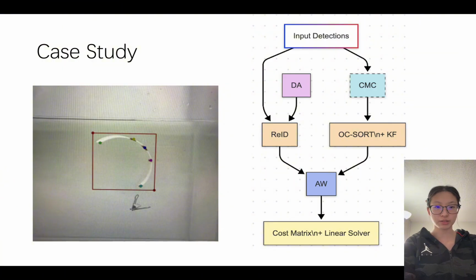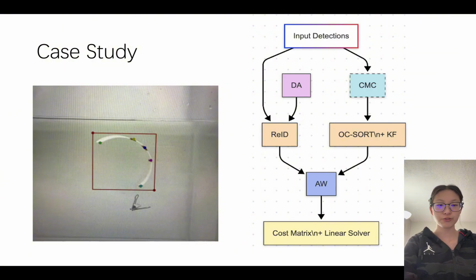I learned this from the paper. The system starts with input detections, which come from the object detector. Then the pipeline extracts appearance features for re-identification, shown here as the re-ID module. At the same time, the system uses motion modeling and camera motion compensation, which helps stabilize tracking when the camera moves.